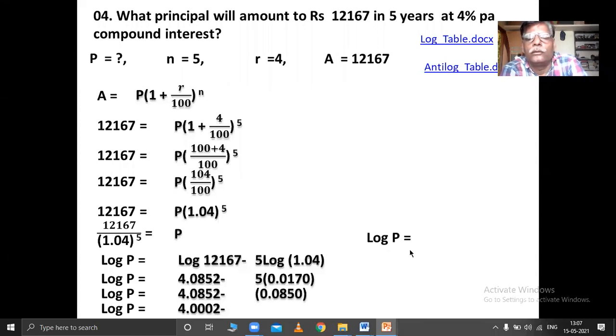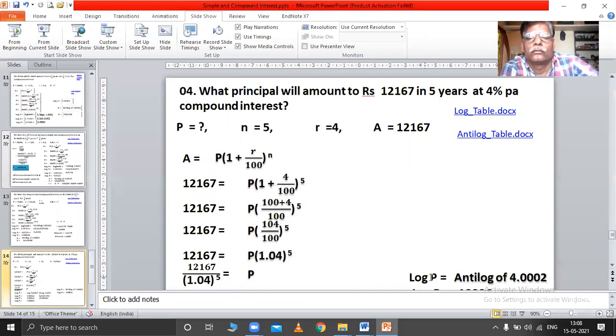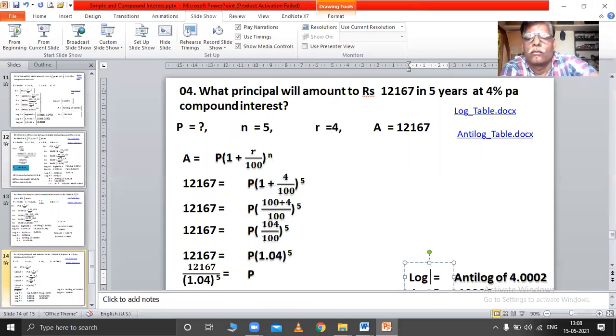Then, sorry, write only P. P is equal to anti-log of 4.0002. Okay. Then you see in the anti-log table.